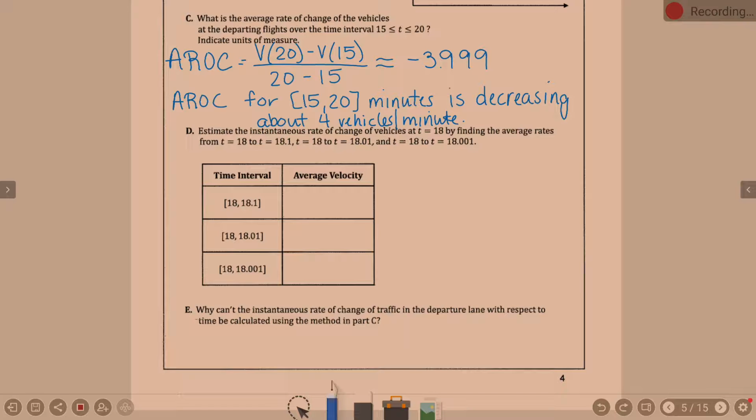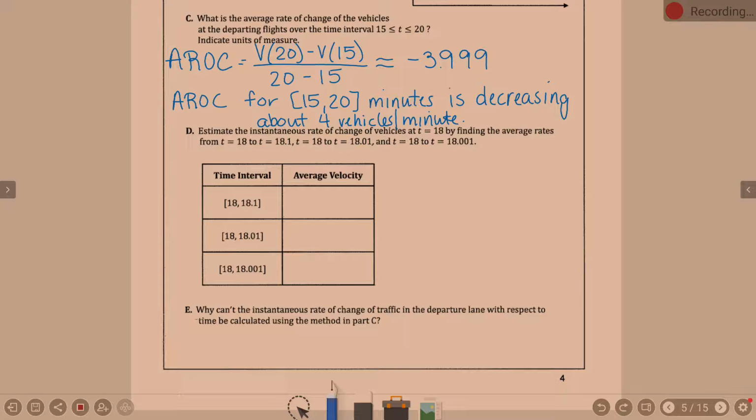Okay, and then D. Estimate the instantaneous rate of change of vehicles at t equals 18 by finding the average rates from t equals 18 to 18.1, 18 to 18.01, and 18 to 18.001. Excuse me. Same equation. You've already got the equation typed in, right?